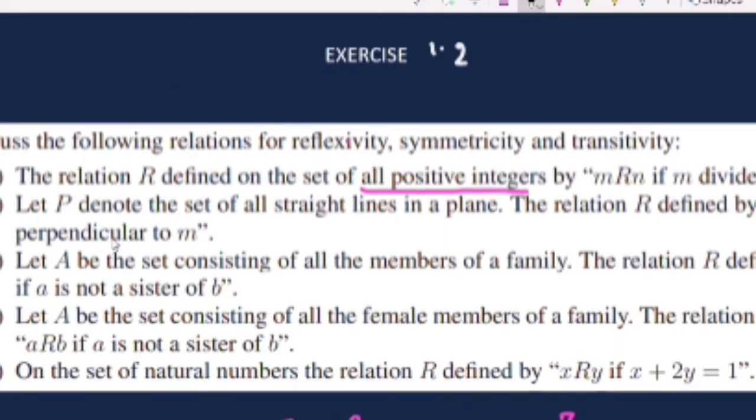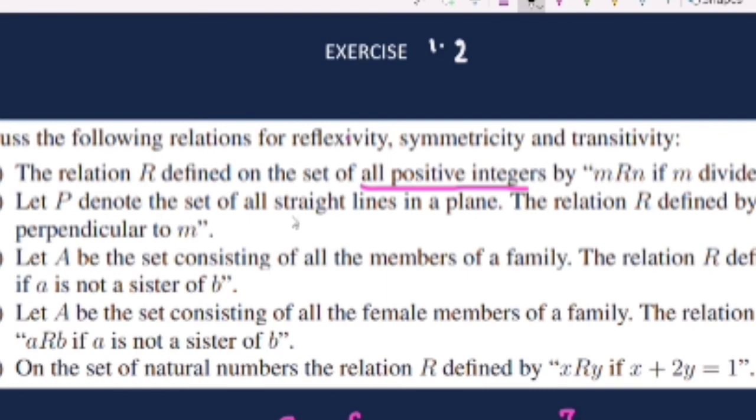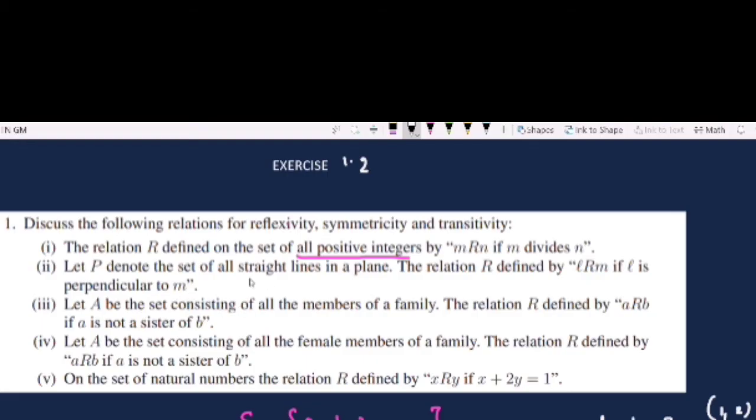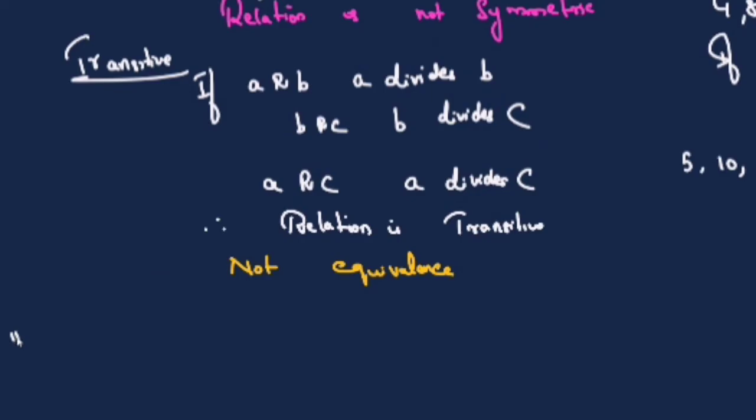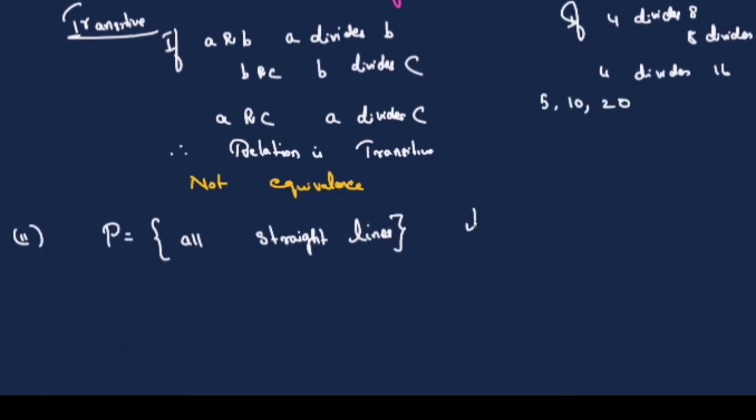The second: P denotes the set of all straight lines in a plane. Set P is all straight lines. What is the relation defined here?